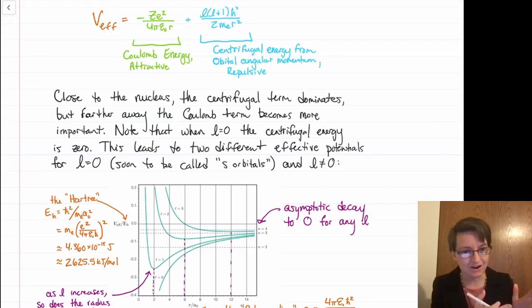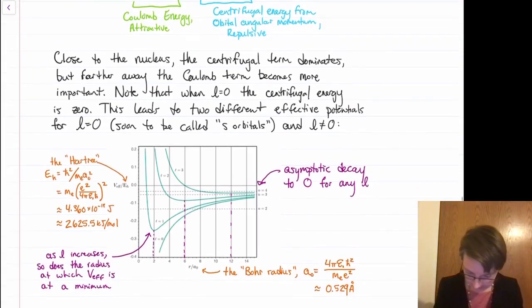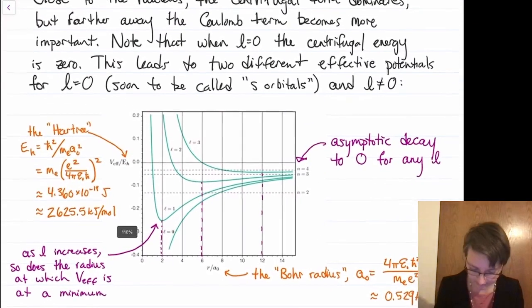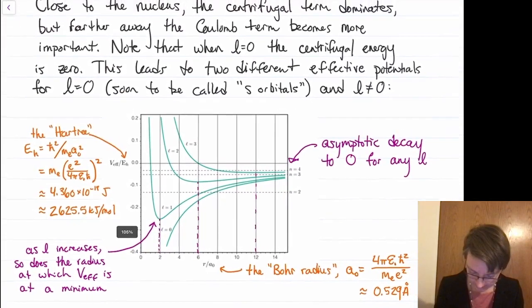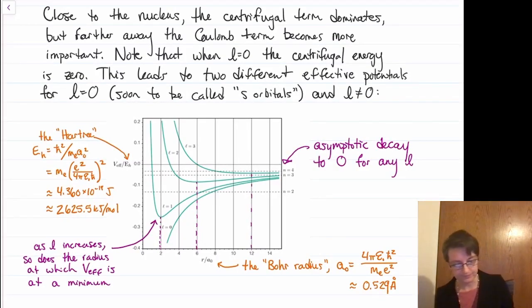Because as r gets big, this r squared term goes to 0 pretty quickly, and so it's this 1 over r term that becomes important. And if we take a little bit of time to plot this function, then you can see exactly that close to the nucleus and farther away from the nucleus behavior.